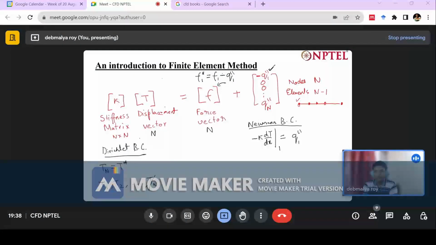So if we reduce one of the equations, let's say in the last row of this stiffness matrix, the stiffness matrix will have some values, right? Generally, FEM matrices are what is called a sparse matrix, where most of the elements will actually be zero.